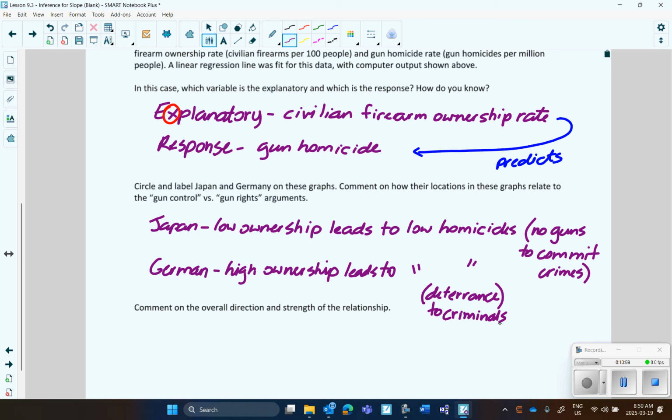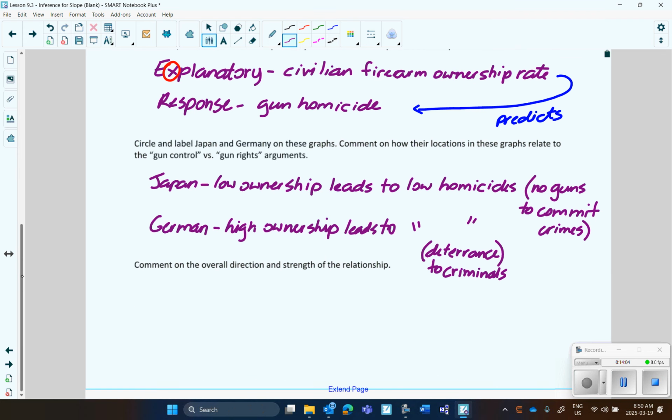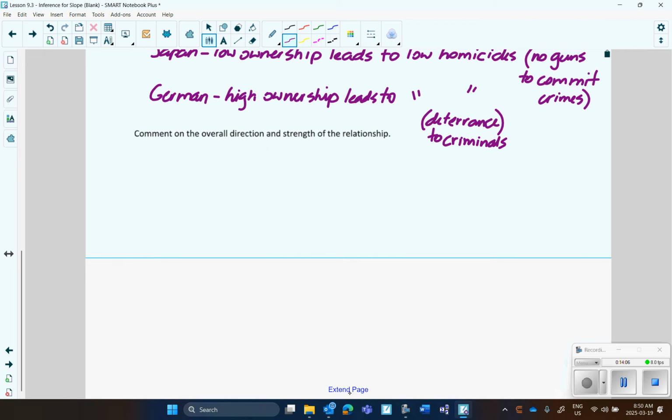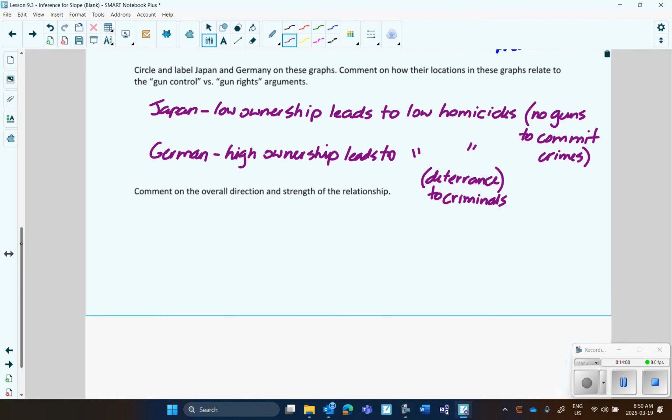If you recall, when we looked at the relationship between two quantitative variables using a scatter plot, we used the acronym DOES. This was direction, as in positive or negative.